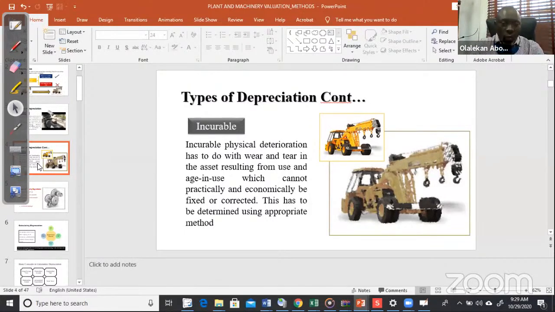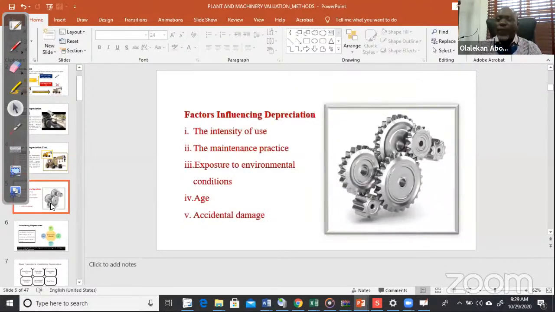Now, with that, let's quickly see factors that influence depreciation. What is the propelling gear? If you see my graphics, I give you the picture of a gear to drive home my points. What are the things that propel the emergence of depreciation?